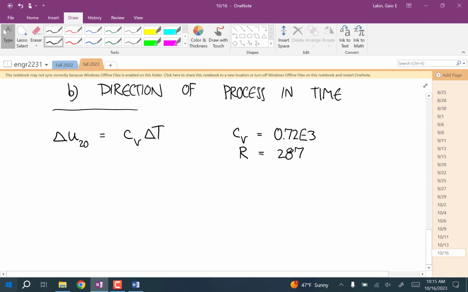All right, so the change in specific internal energy for the stuff that starts at 20 degrees Celsius is 0.72 times 10 to the third. So this is in joules, not kilojoules. Yeah, I put this all in SI units, right? Isn't it 287.16?